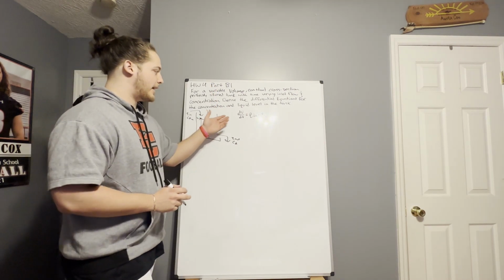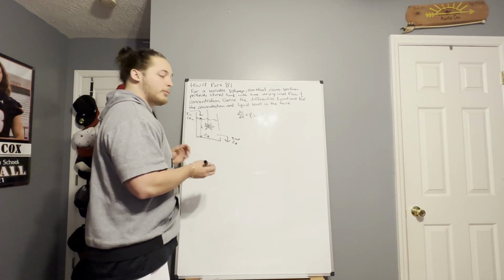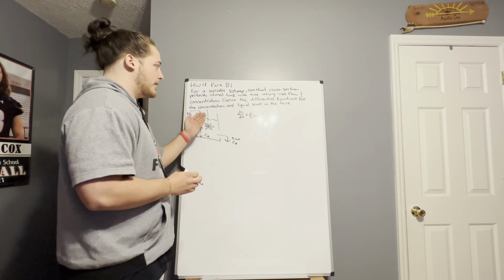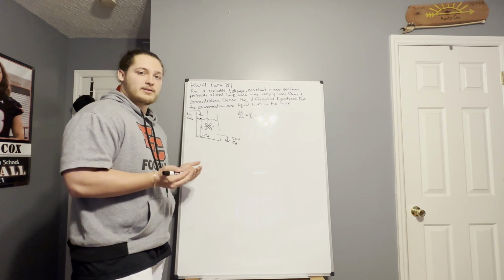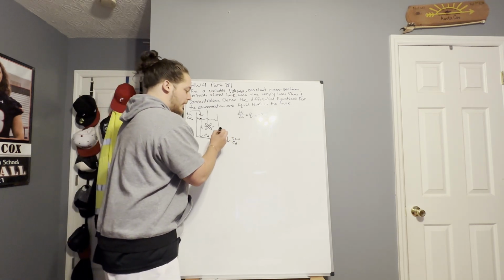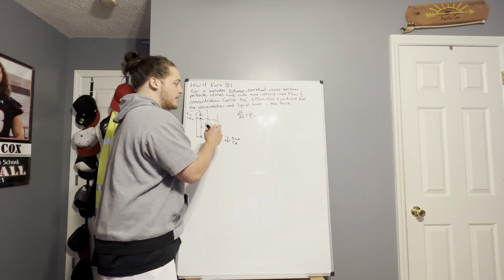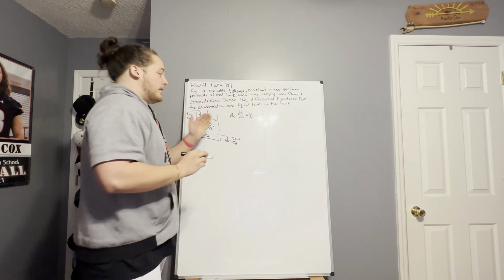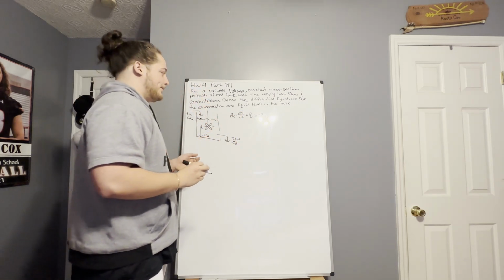So now that we have our differential equation set up, we need to go ahead and do some manipulating to get it set up for the system that we have in this problem. So we know that we have some cross-sectional area, so we are going to need to multiply that by our differential of volume with respect to time.